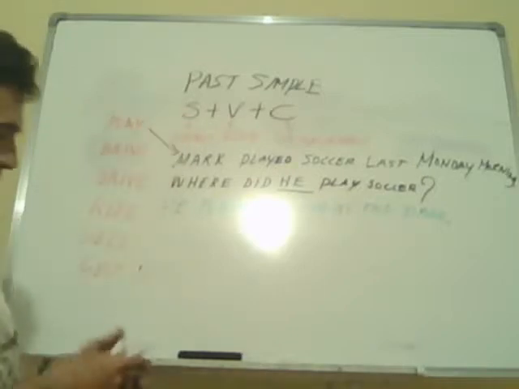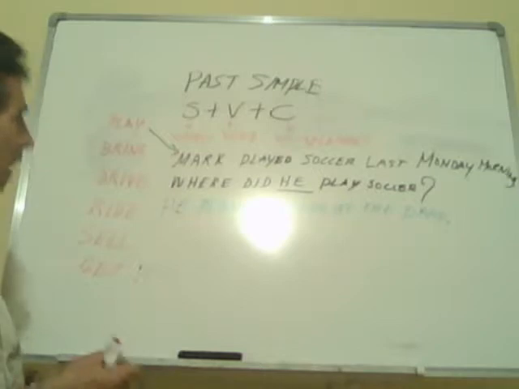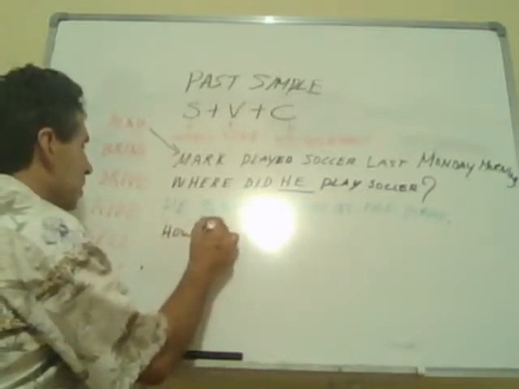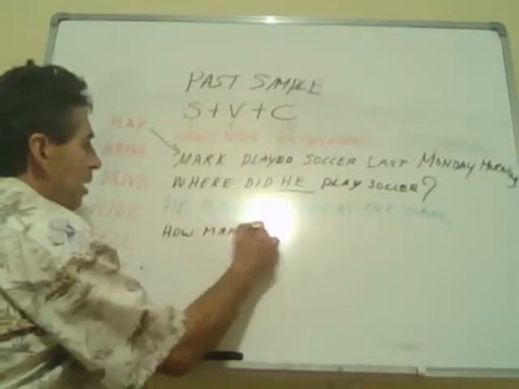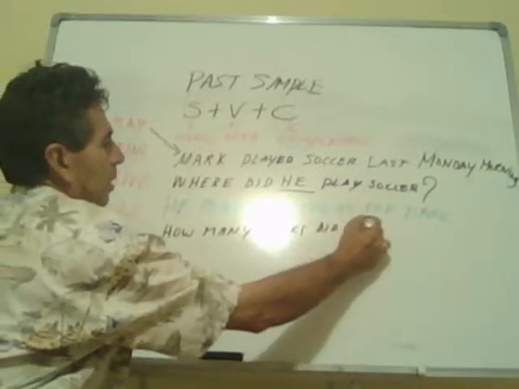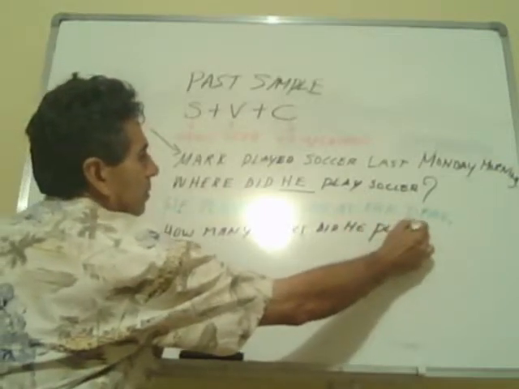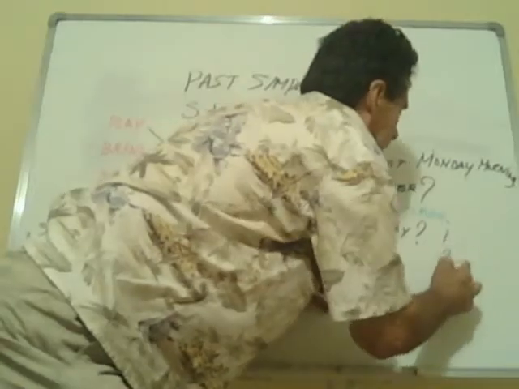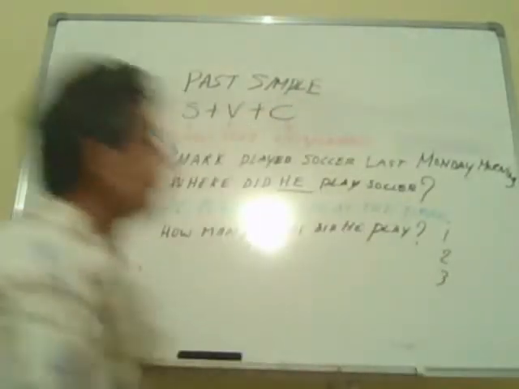See? You can also, for instance, say, how many hours did he play soccer? See, how many hours did he play? Right? Yeah. For 1 hour, 2 hours, 3 hours, etc. Right?